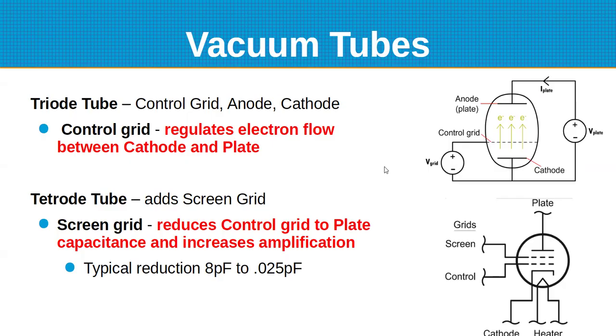At some point, they discovered one of the limitations of the triode was the fact that because we have this plate and we have these wires, we also have a capacitor. And it's called the grid to plate capacitance. That limited how much we could use this as an amplifier and also the frequency range that it would operate over.